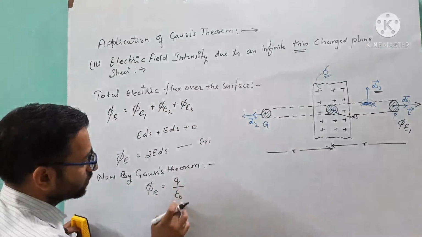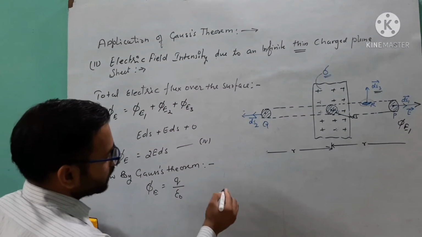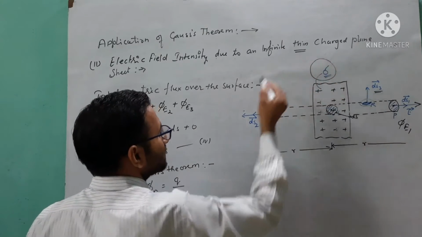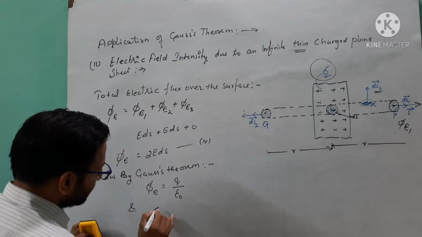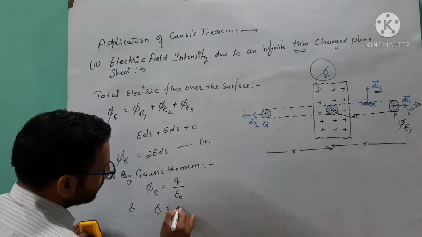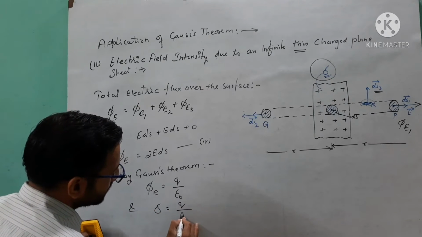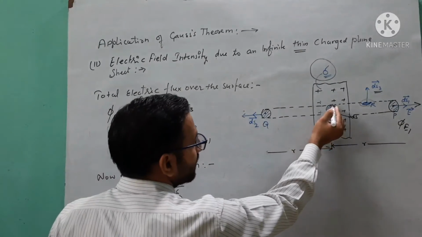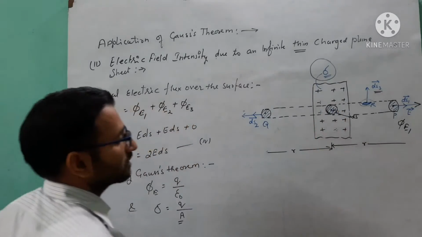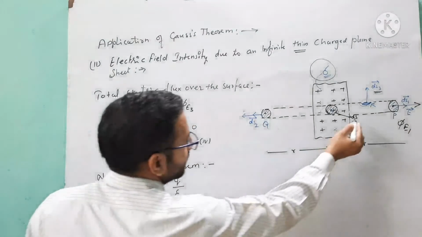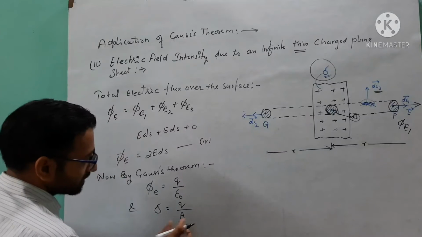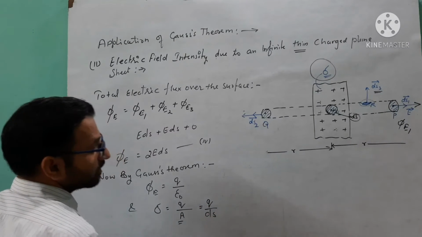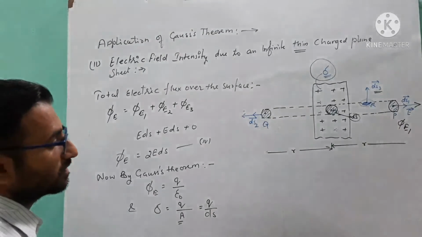And student, one thing you have to understand, as we know that sigma is surface charge density, which is equals to, the general formula is q by A, but here the area is about this cross section area, means area A is replaced here by ds, got it, due to this elementary cross section area.